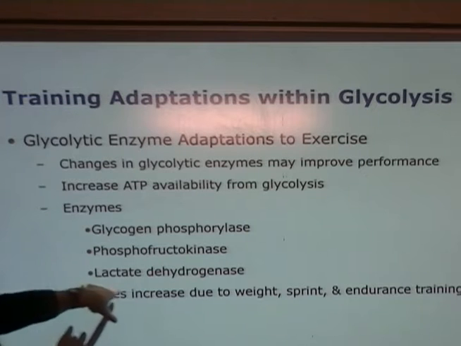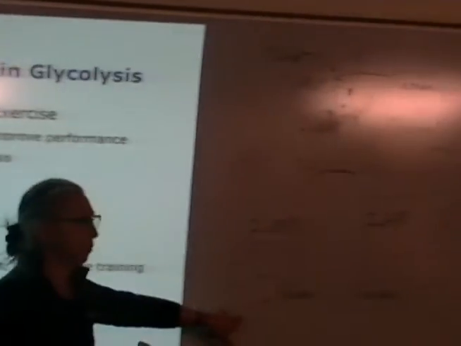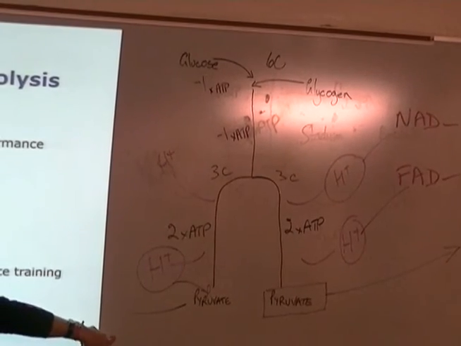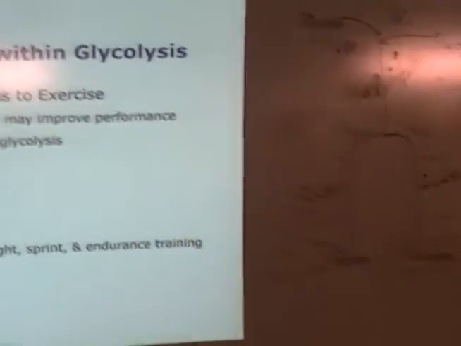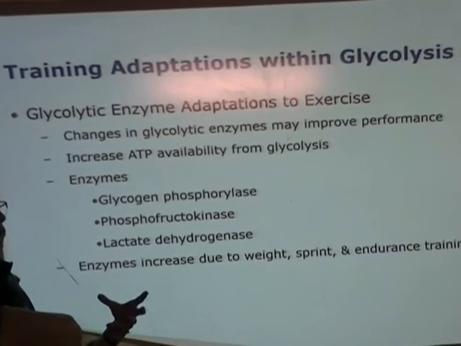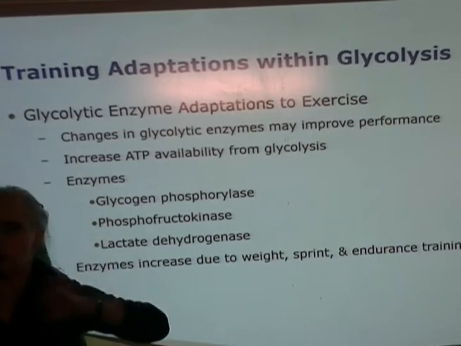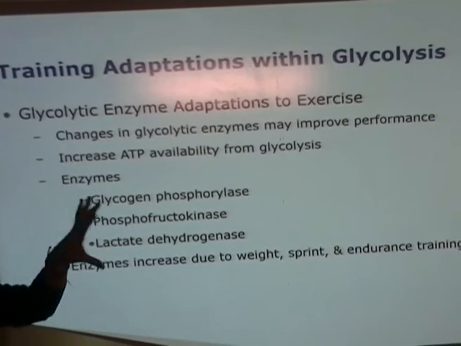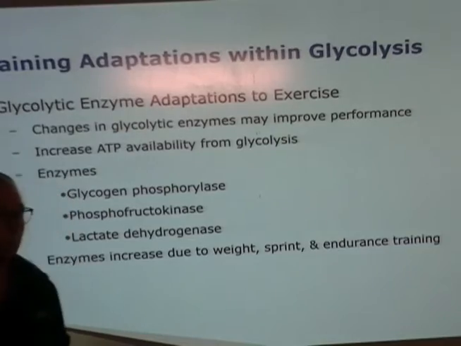Lactate dehydrogenase works in here, facilitating the change from pyruvate to lactate. Again, people have been interested in that because if I can turn more pyruvate into lactate, that means I'm picking up more hydrogens and I'm aiding the environment within the cell.